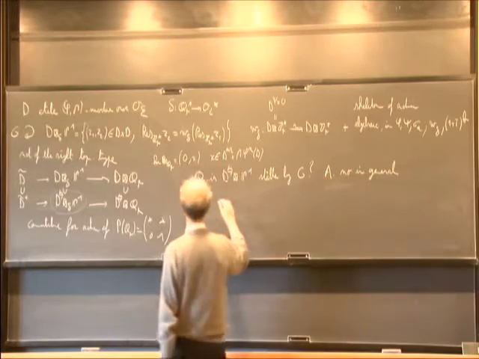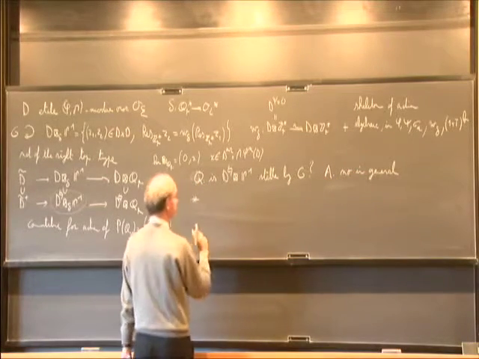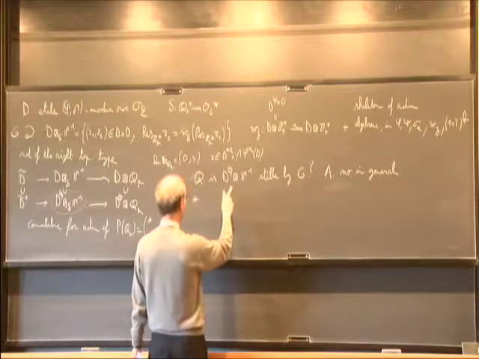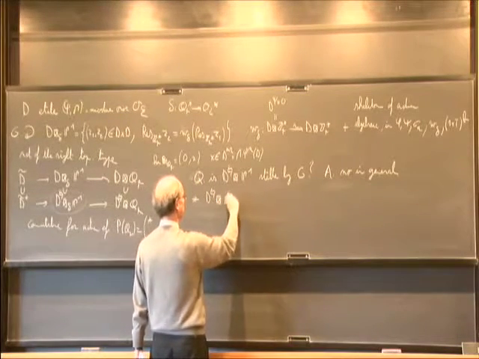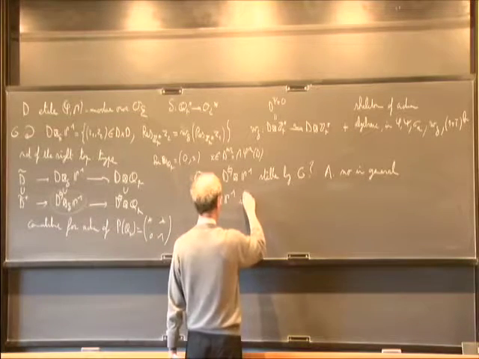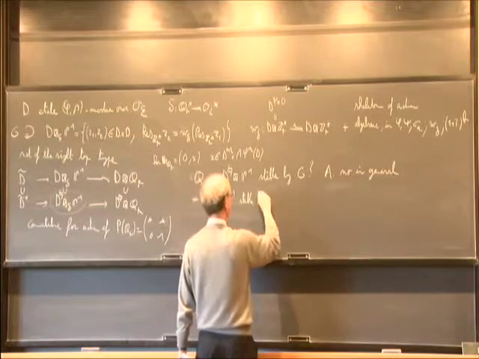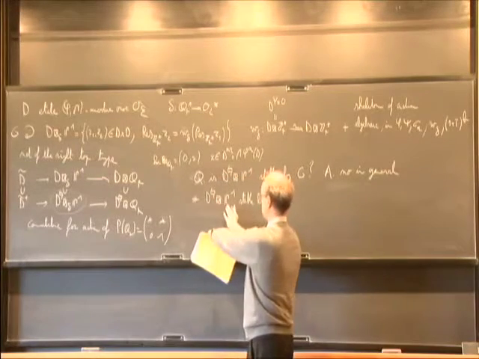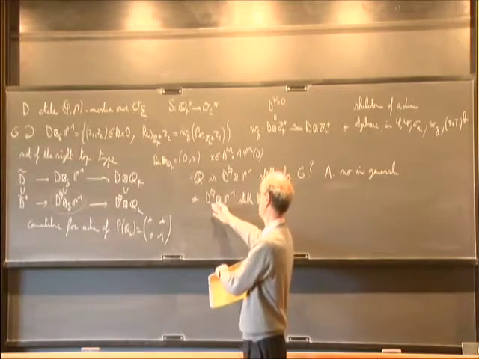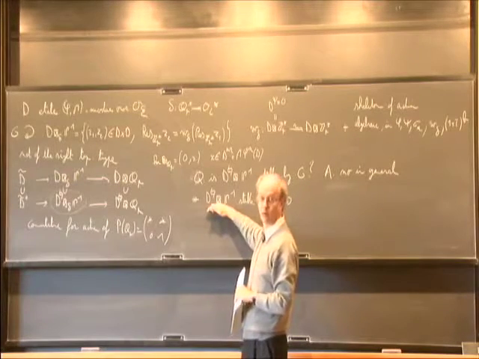But what we know is that it is equivalent. So this one is stable by G if and only if... if D is torsion, this is going to be open and compact.